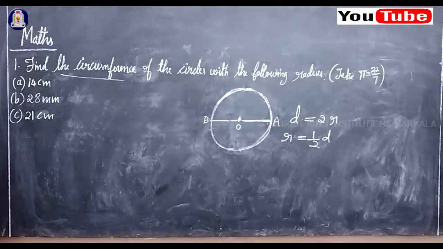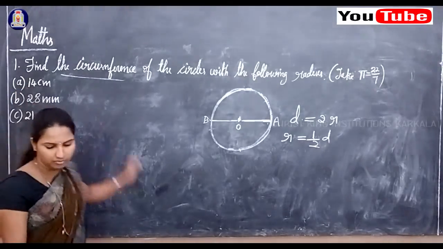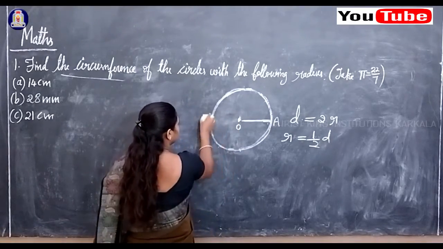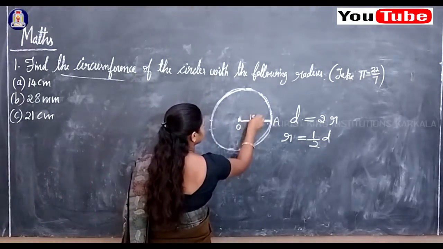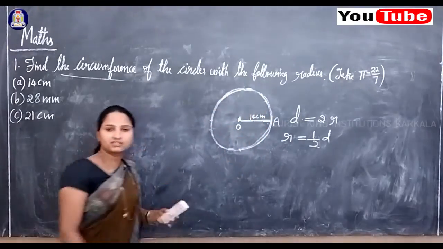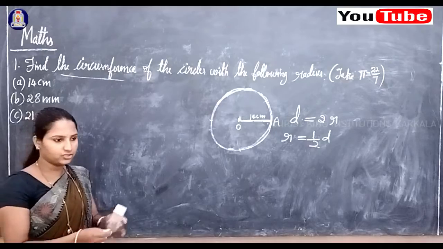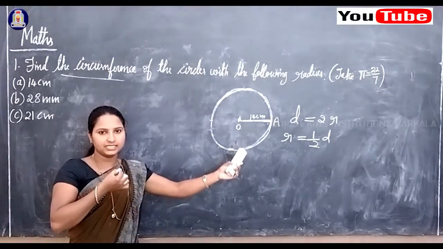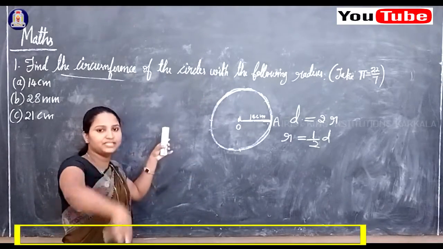So what we have to find is, if this radius is 14 centimeter, then what is the circumference of the circle? If I draw with a wire, if I take 14 centimeter as radius, then how big a circle can be drawn?